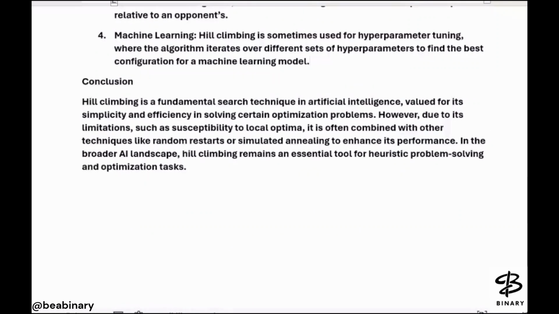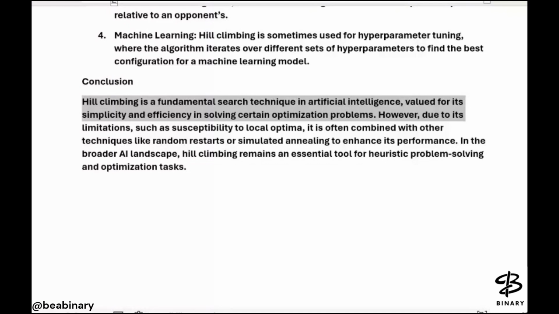So hill climbing is a fundamental search technique in artificial intelligence, valued for its simplicity and efficiency in solving certain optimization problems, as we have discussed in the applications and the advantages.